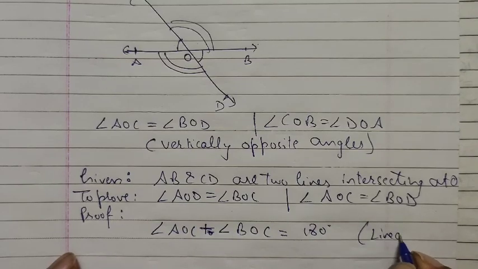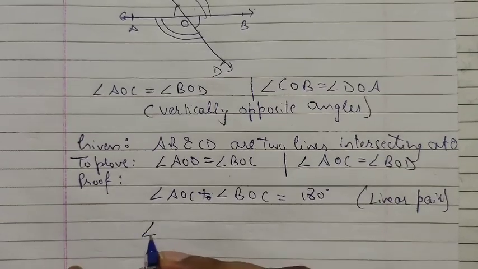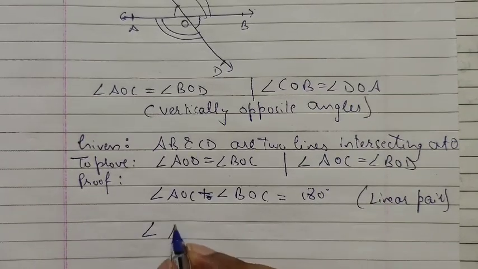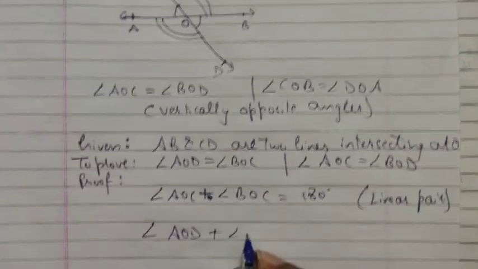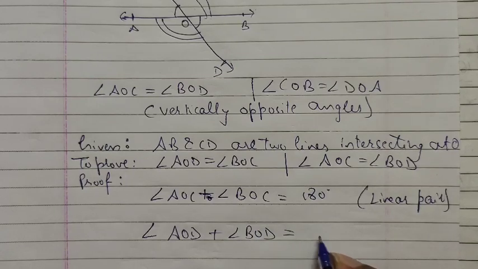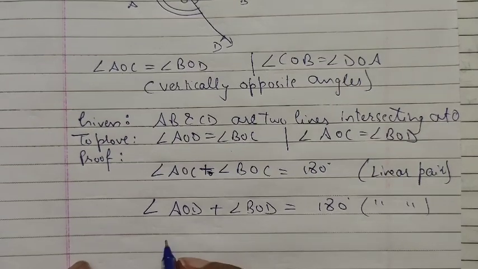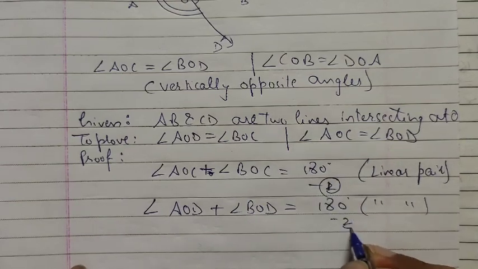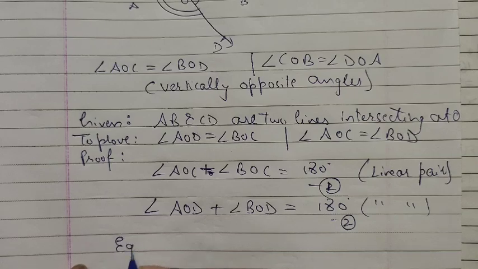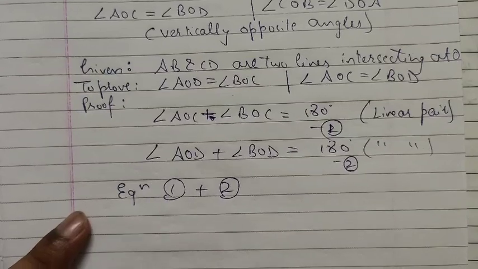Reason: linear pair. Second, we have angle AOD. Similarly, the sum of these two angles is also 180. So angle AOD plus angle BOD is again 180 degrees, right? Reason being the same. Now let's add both equations, equation 1 plus 2. If we add these two equations, what do we have?